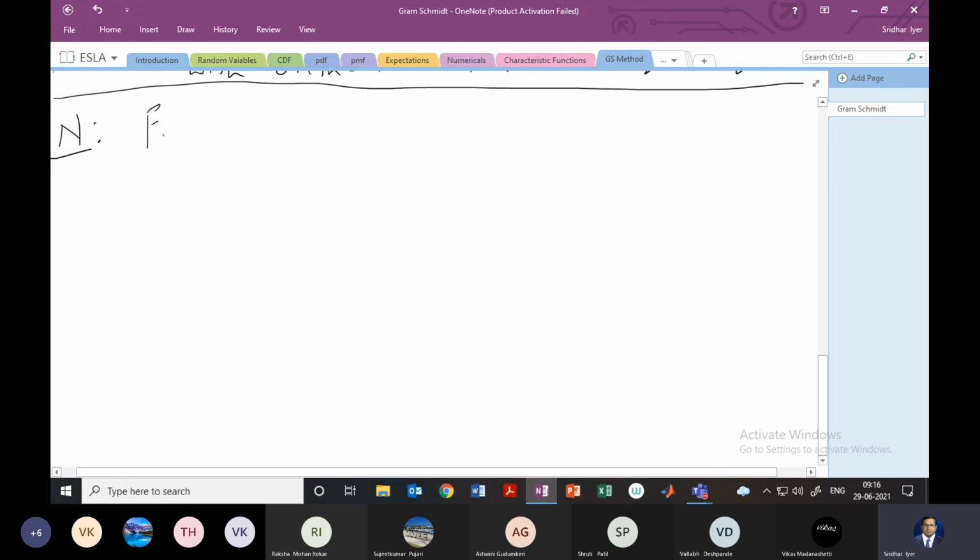So the question is, for three independent vectors, and the vectors are a equal to 1 0 1. I suggest you please note down these vectors because I'll have to scroll down, then it's not possible to scroll up again.